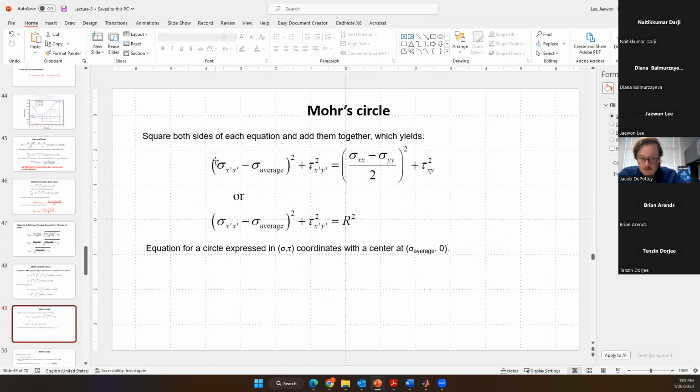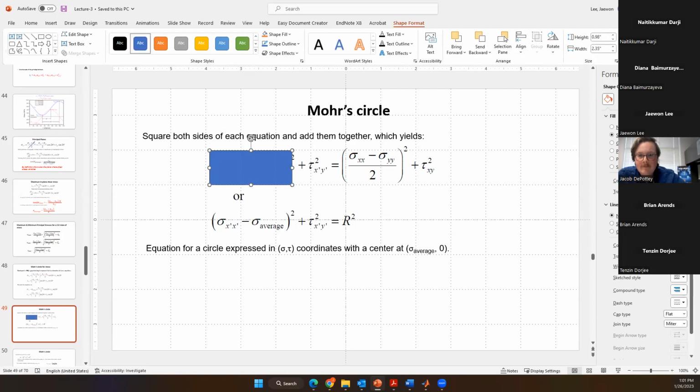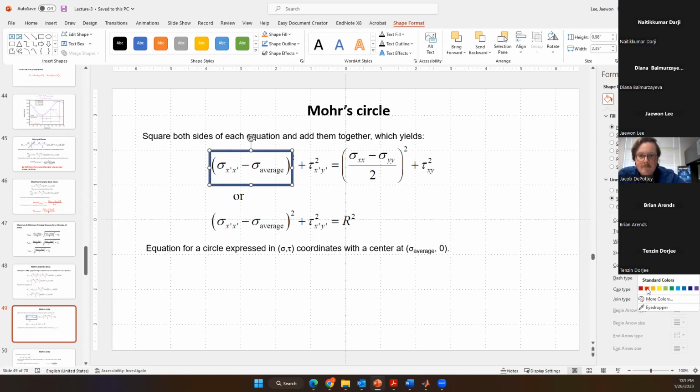Then we can rewrite this relation like this. Sorry, it is very similar. See this part.